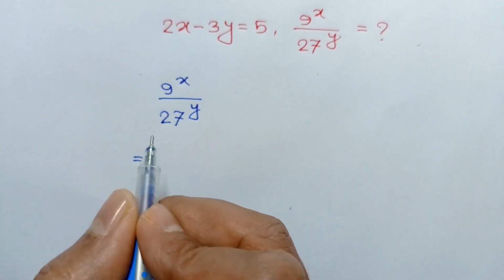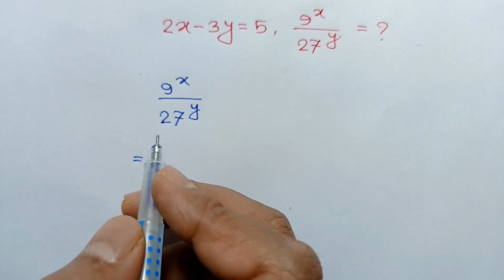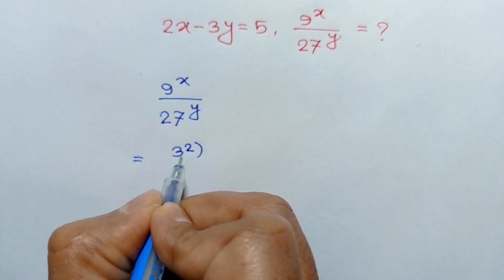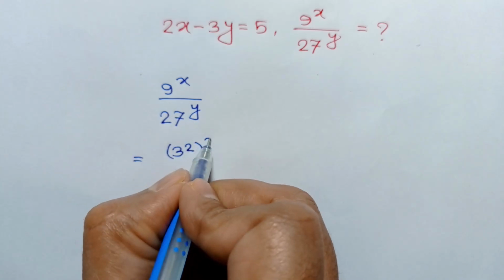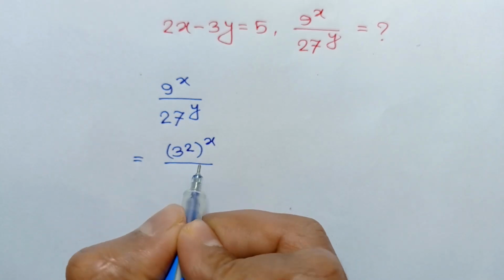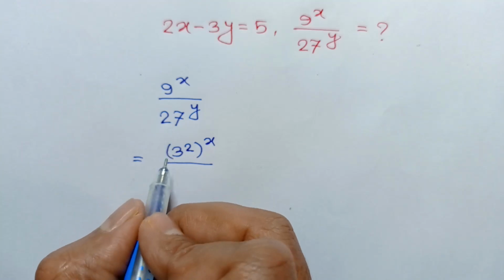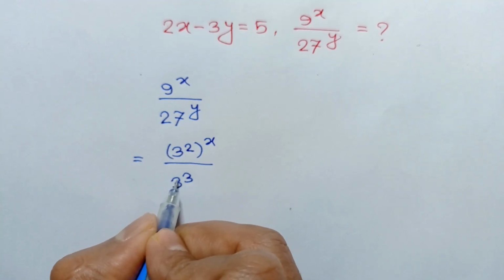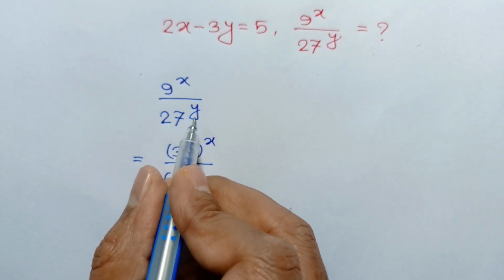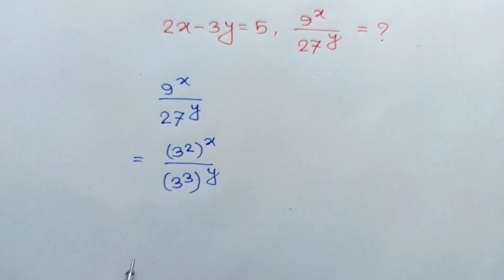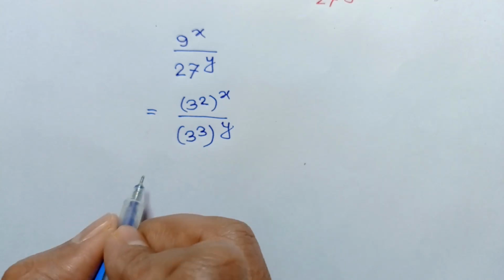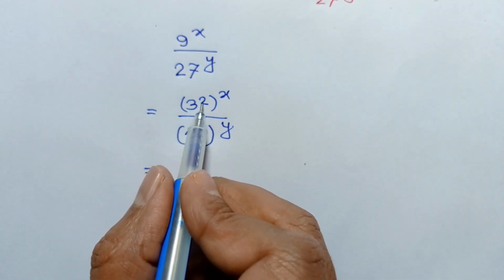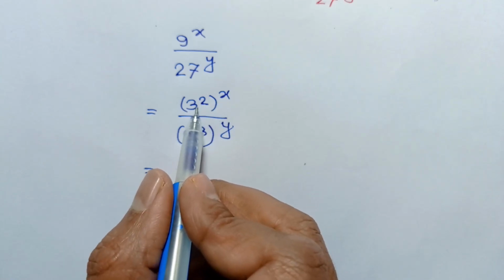So this 9 is 3 square, and whole to the power x, over this 27 is 3 to the power 3, and whole to the power y, is equal to 3 square whole to the power x.